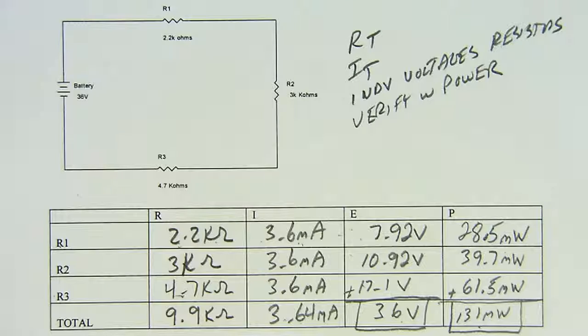This exercise didn't get into what happens if you're missing a value. Sometimes they'll give you the total resistance, and then one of your resistor values is missing, so you have to piece things together. This exercise didn't do that. The practice problems in your book do that.